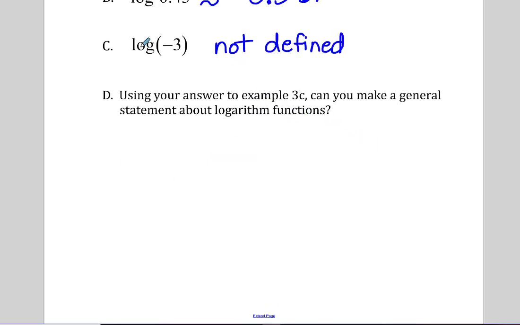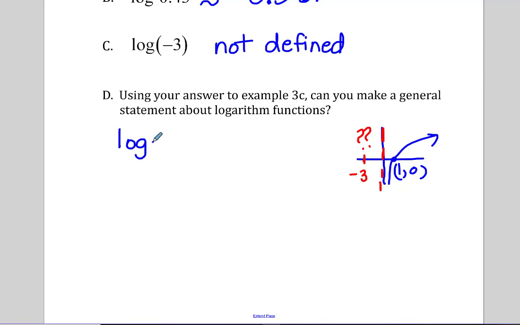So if you thought about this logarithm, think about the graph of a log. Here's the graph of log base 10, passes through 1, 0, and we're looking for a value over here at -3. So, doesn't work because you've got asymptotic behavior at the y-axis.